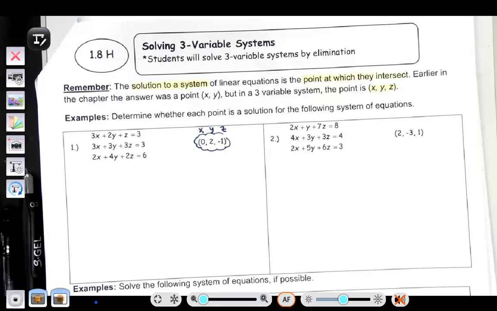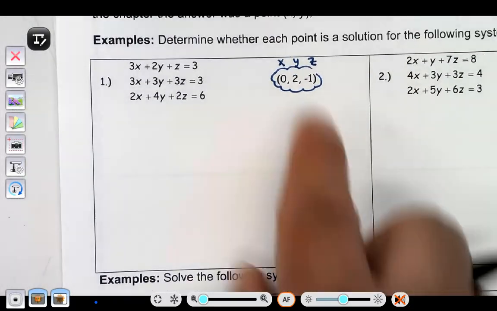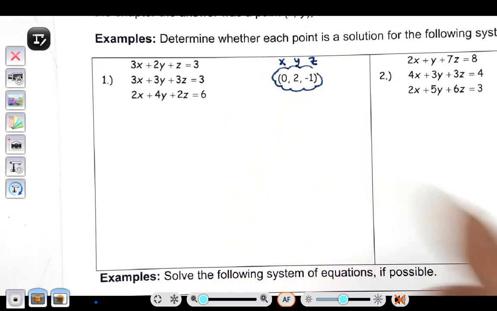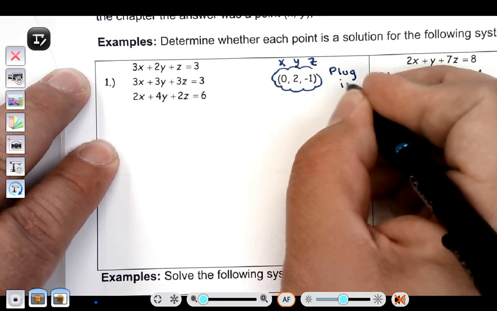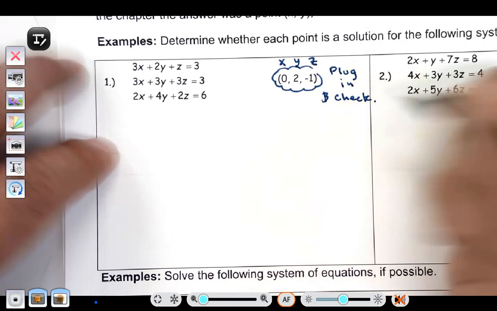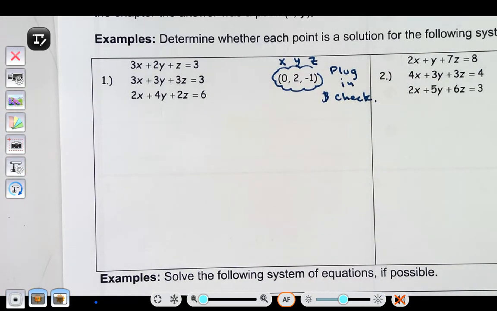And just remember, like in any other math class, if they tell you what x, y, and z are, what do you do? Well, plug it in. So all we're going to do is plug in, and we're going to check. We want to make sure that it is a true statement every time I plug it in. But just remember, we're plugging in three separate times.